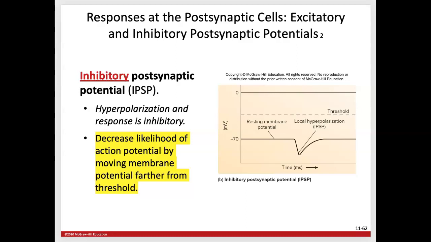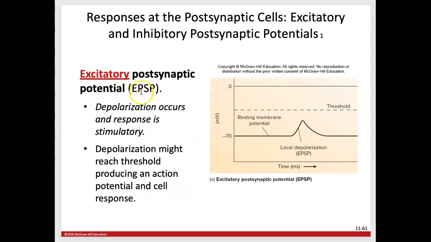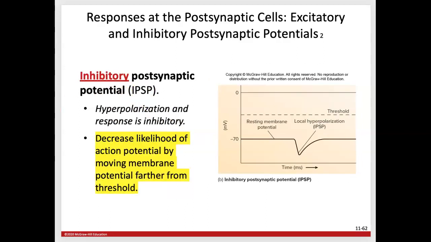So it decreases the likelihood of an action potential by moving the membrane potential farther from the threshold. When we want something to stop or not happen, this is what will happen. When the body doesn't want something to happen, it's an IPSP. So know the difference between an EPSP and an IPSP.